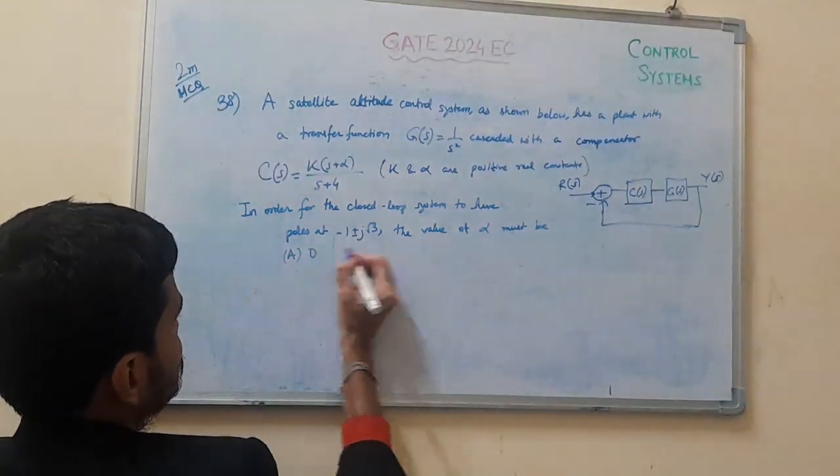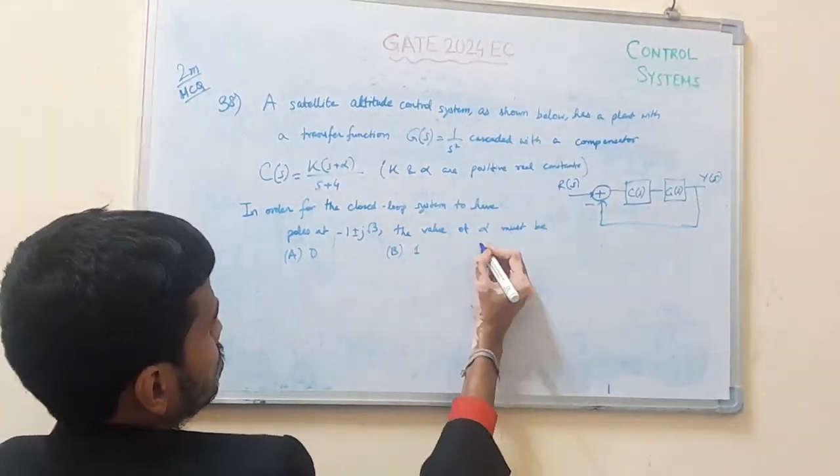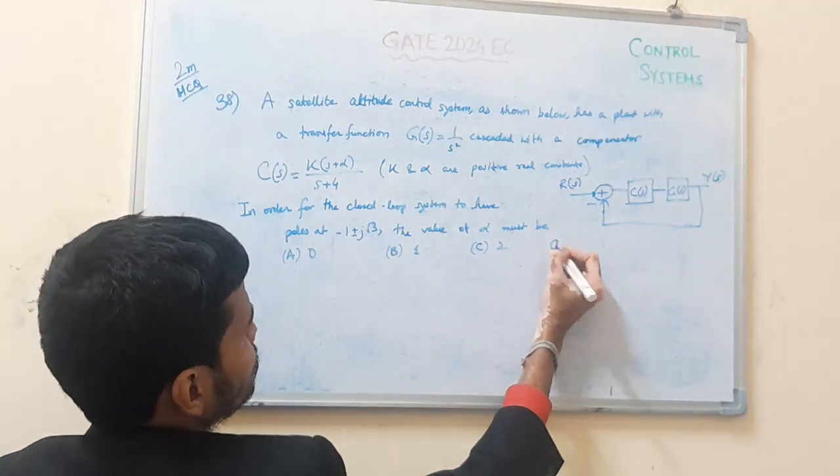The options are given as 0, 1, 2 and 3. Very simple.